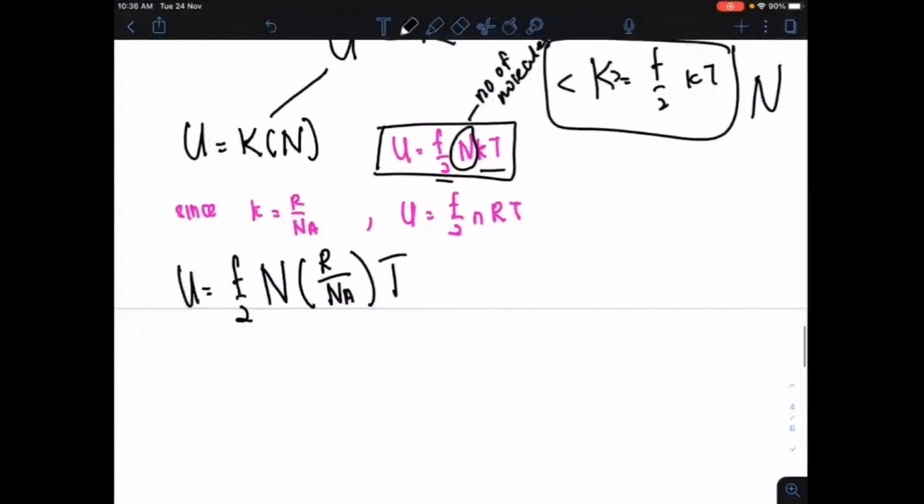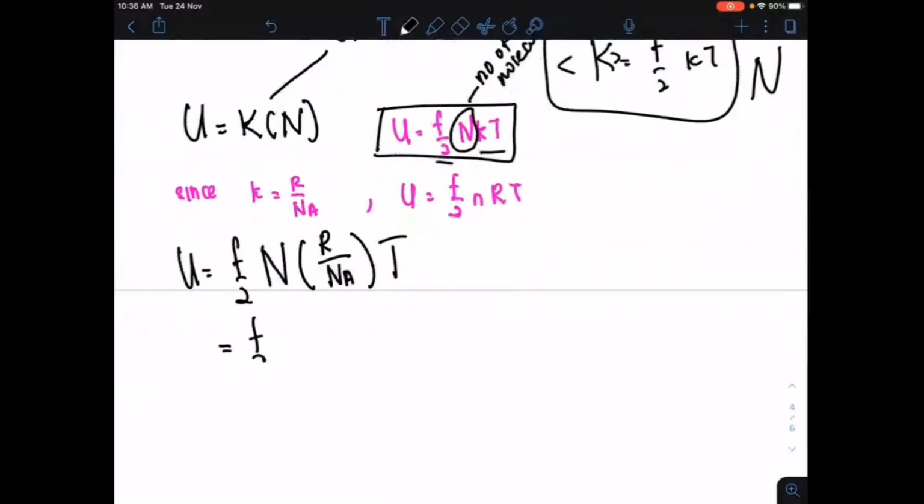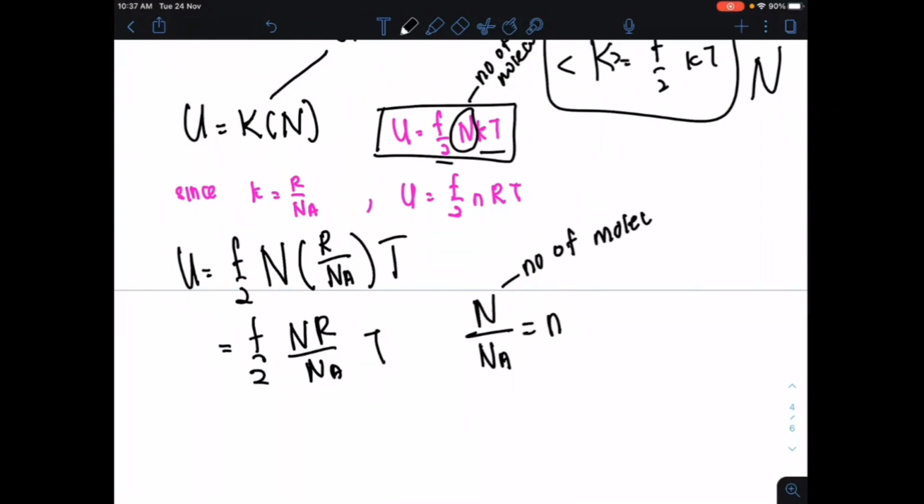So I'm going to end up with F/2 N R over Na temperature, di mana number of molecule divided by Avogadro constant, kita dapat number of mole. Ini number of molecules. Ini number of mole. Dua benda yang berbeza.